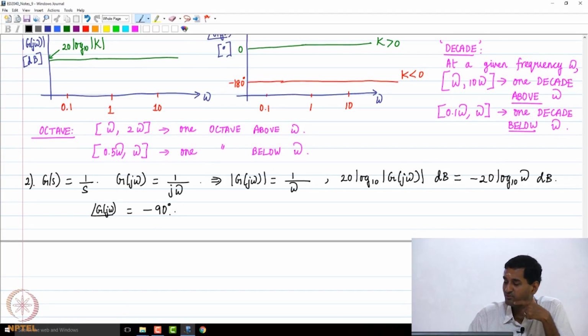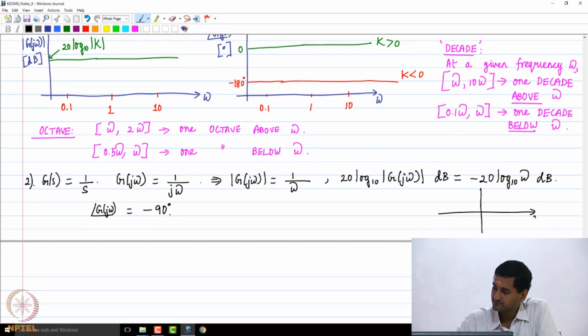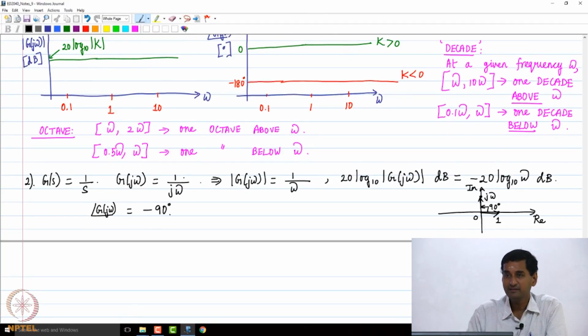Because if you go to the complex plane, 1 is going to be here, so the vector 1 makes an angle of 0 degrees with the positive axis. Where is j omega? j omega is somewhere here, so this phase is going to be 90 degrees, correct? So the net phase is going to be 0 minus 90, so we get minus 90 degrees. That is the phase contribution of 1 by j omega.